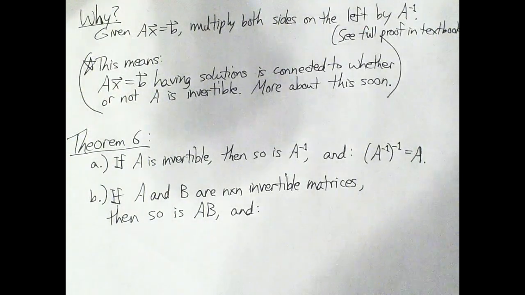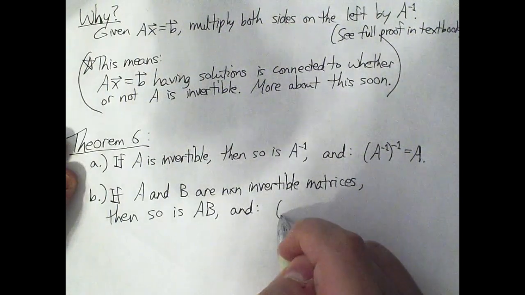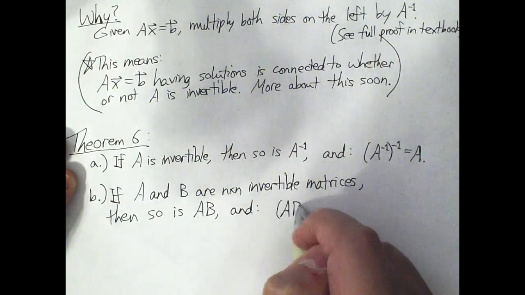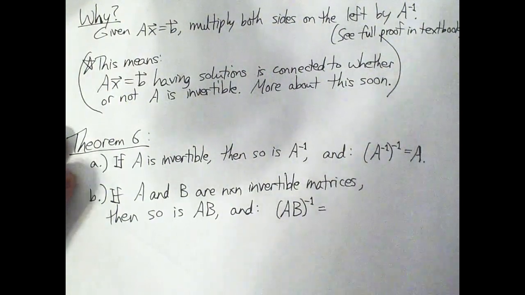So the product of 2 invertible matrices is invertible. And not only that, but this theorem tells us a formula for the inverse of AB.